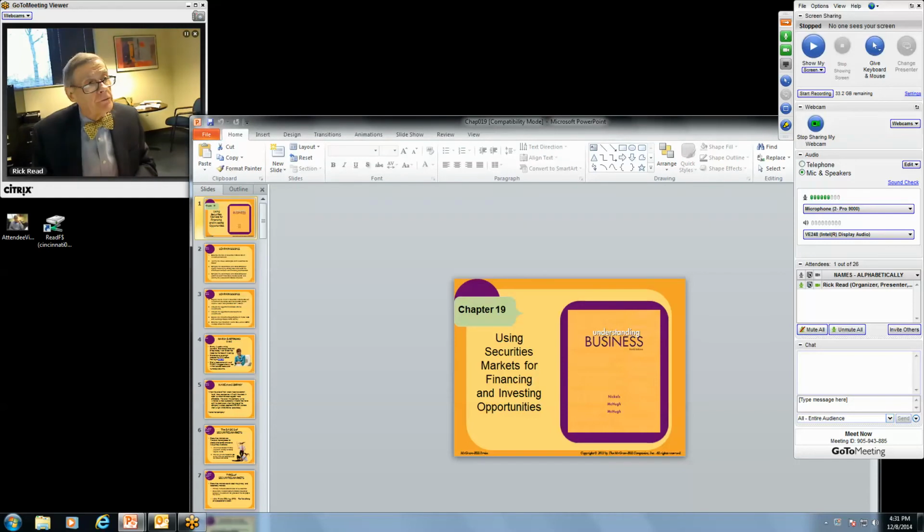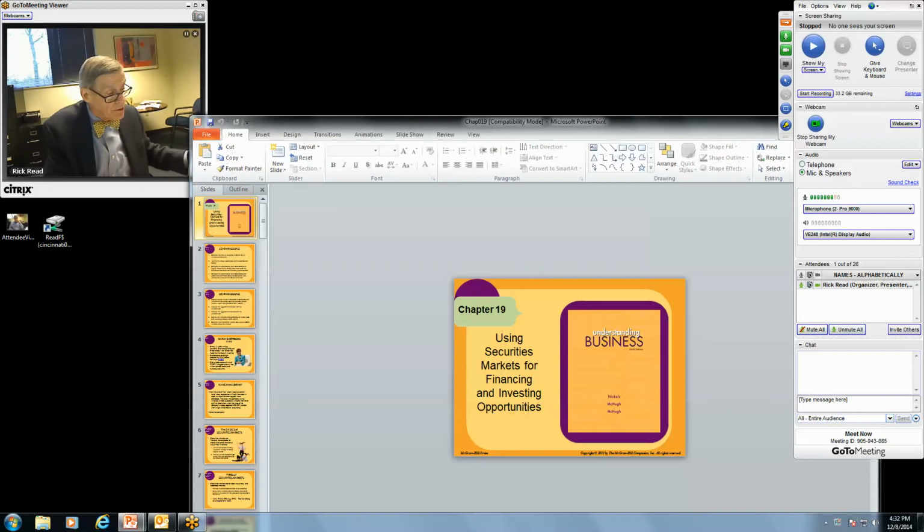And tonight, week 7, we're going to cover chapters 19 and 20. Chapter 19, using securities markets for financing and investment opportunities.